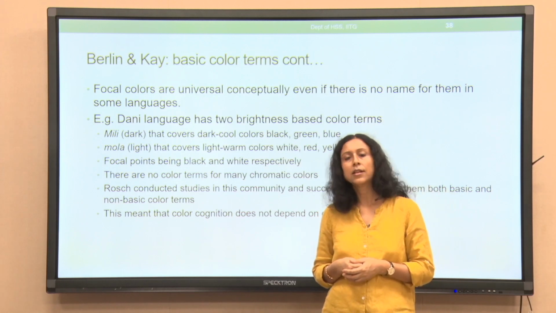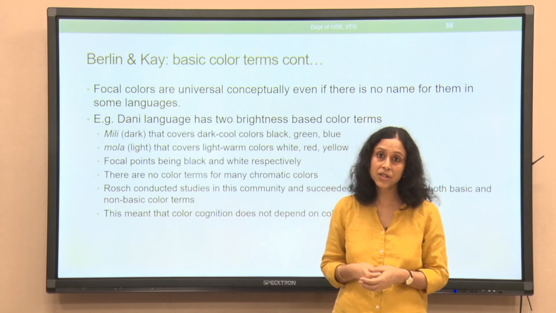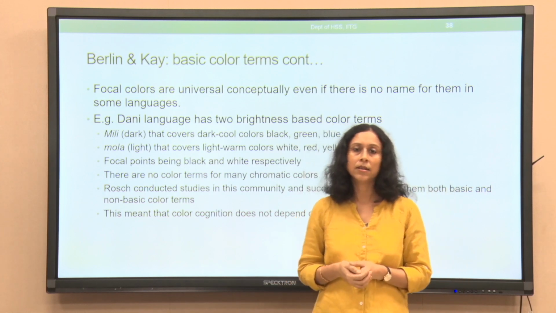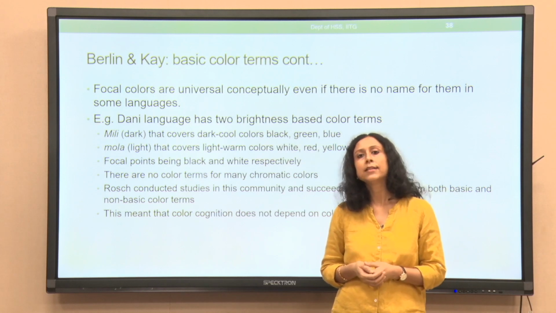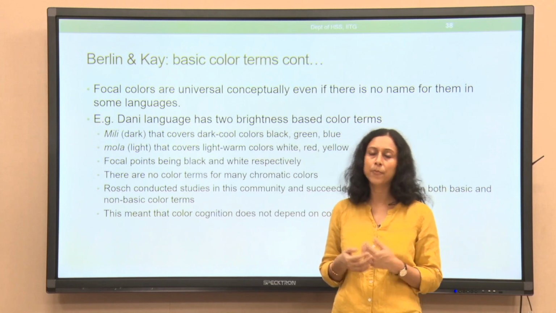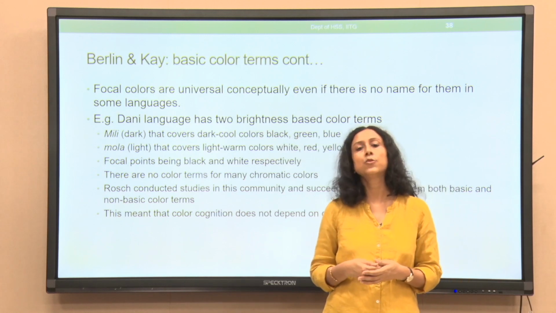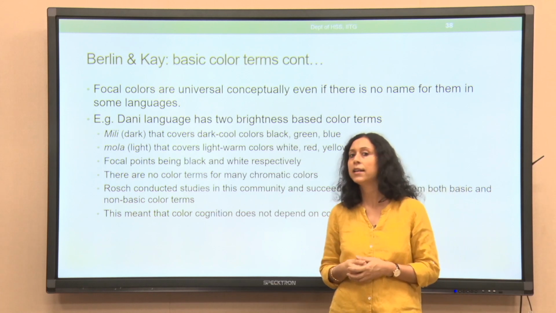Another important aspect of color terms and their possible relationship with cognition itself, in terms of color cognition, has also been explored. If a language has a very small number of basic color terms, does it limit our possibilities to understand and learn about languages and talk about languages in any way?